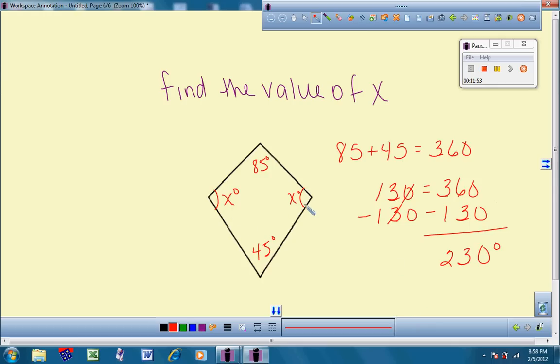However, we have two x values that we need to find, and we know they are the same, so we'll just take that 230, divide that by 2, and we can find that each x value for our congruent opposite angles here would be 115 degrees. Therefore, x equals 115.